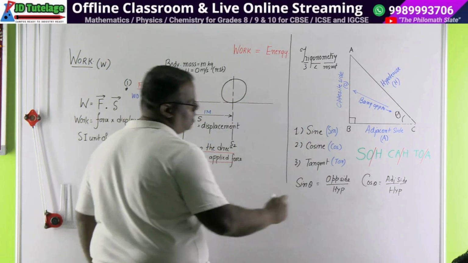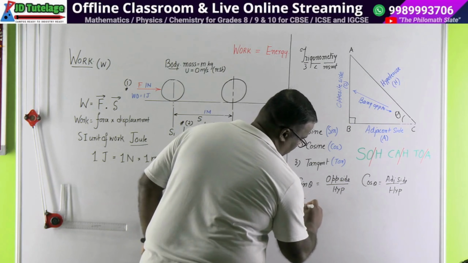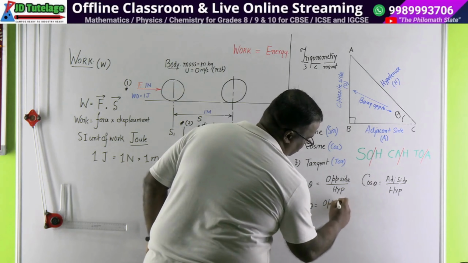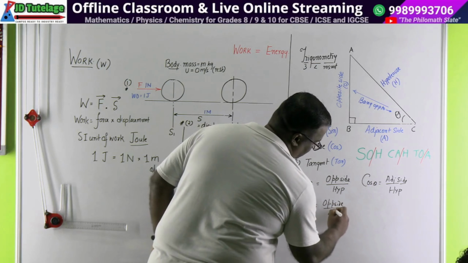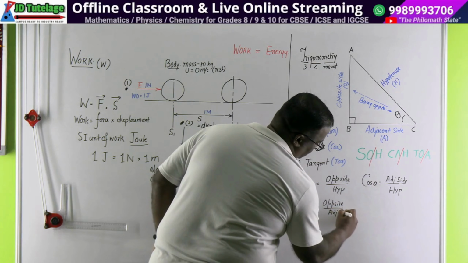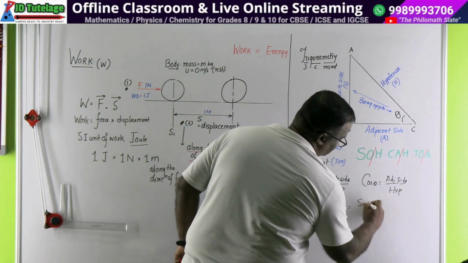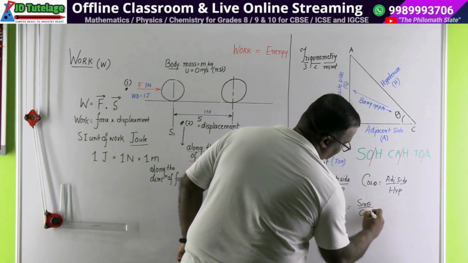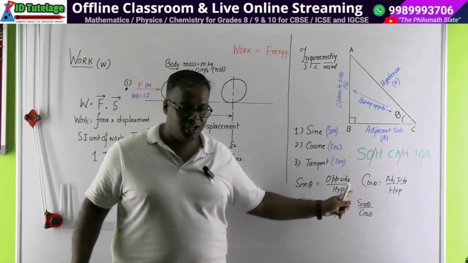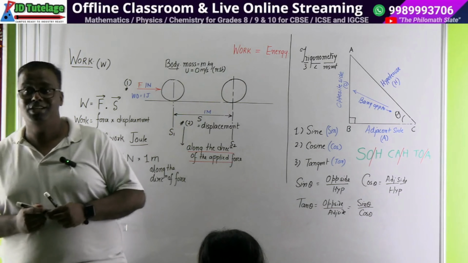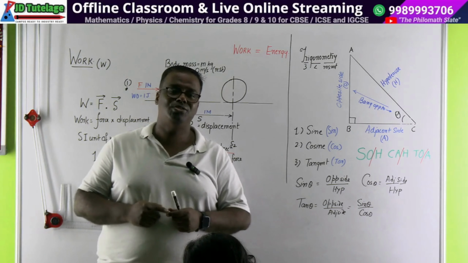Got it? And tan of theta is opposite side by adjacent side. There is something more: tan theta is nothing but sin theta by cos theta. Opposite by hypotenuse divided by adjacent by hypotenuse, the hypotenuse cancels. So tan theta is also sin upon cos.